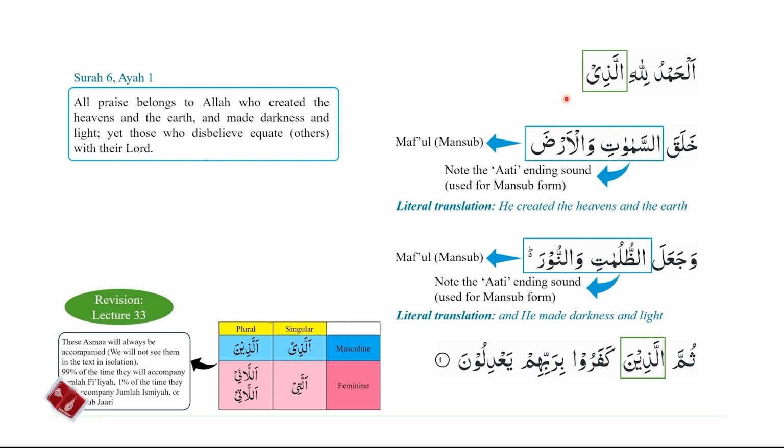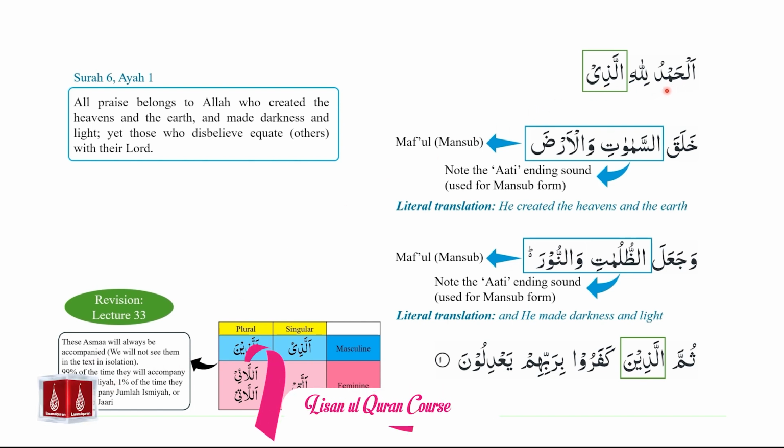We will not see them in isolation, and 99% of the time they will accompany Jumlah Faa'iliyah. So in this case we see Alhamdulillahillazi khalaqa as-samawati wal arda. So allazi is followed by a Jumlah Faa'iliyah, khalaqa as-samawati wal arda. Similarly, allazina is also followed by a Jumlah Faa'iliyah.